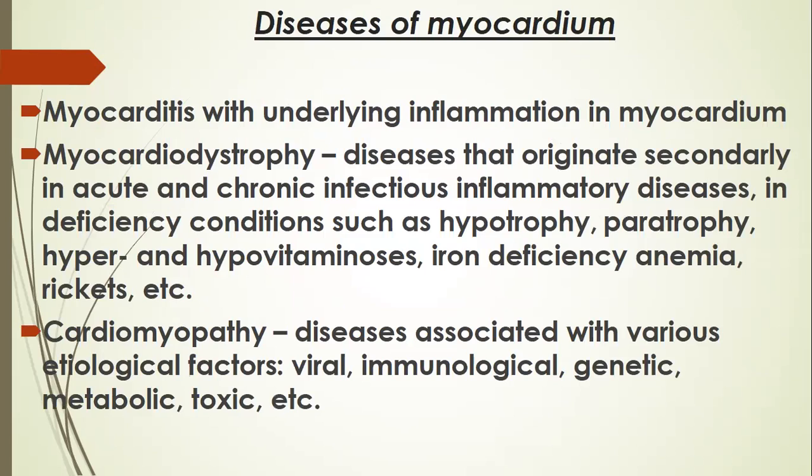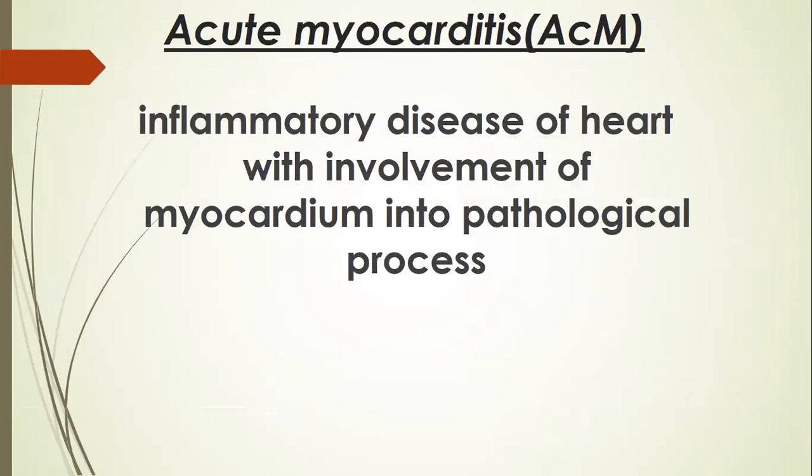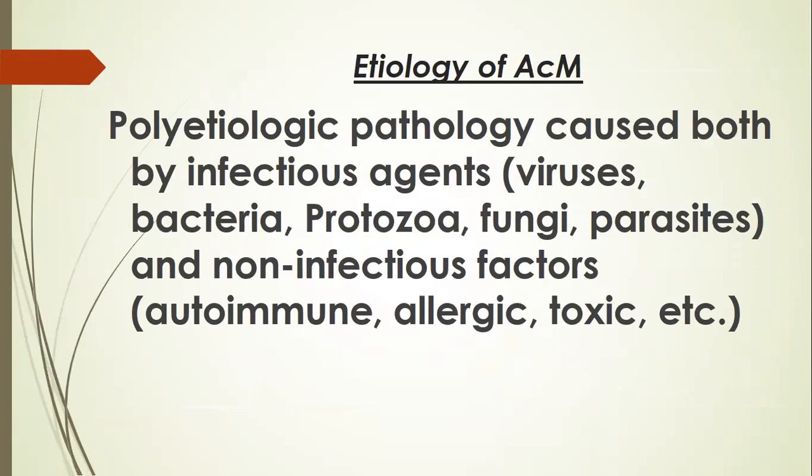And diseases of the myocardium. It can be myocarditis, myocardial dystrophy, and cardiomyopathy. Acute myocarditis is an inflammatory disease of the heart with involvement of the myocardium in the pathological process.